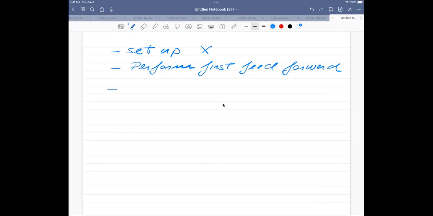So continue this to layer L. And essentially what you have then is that this A of L is now given by the activation function you have in that specific layer.